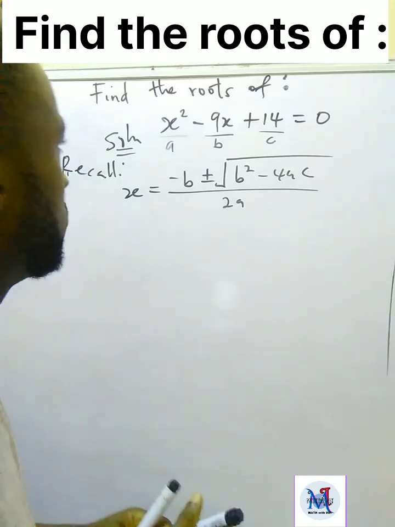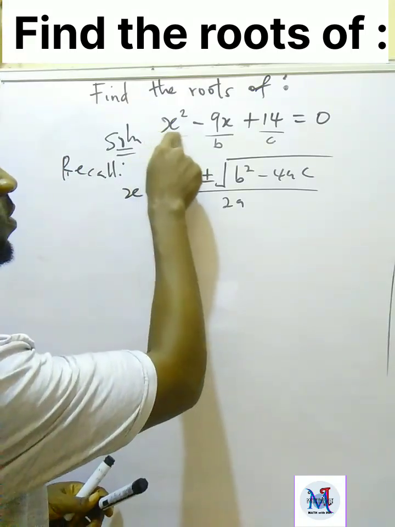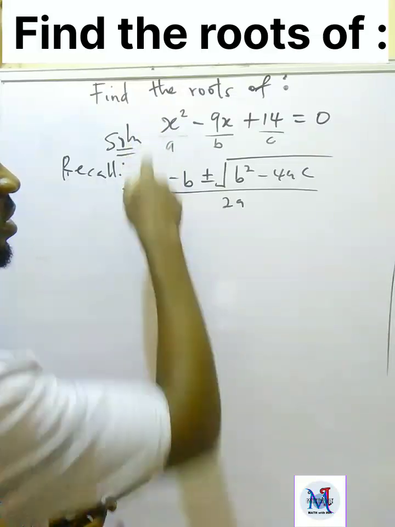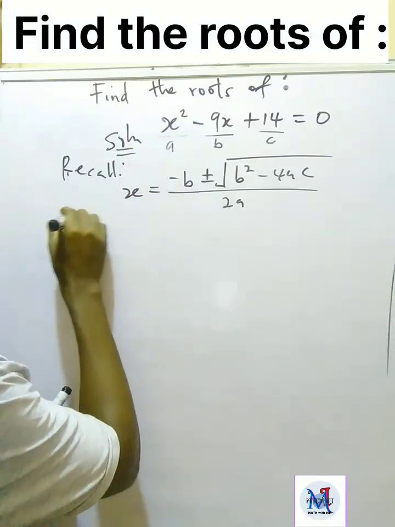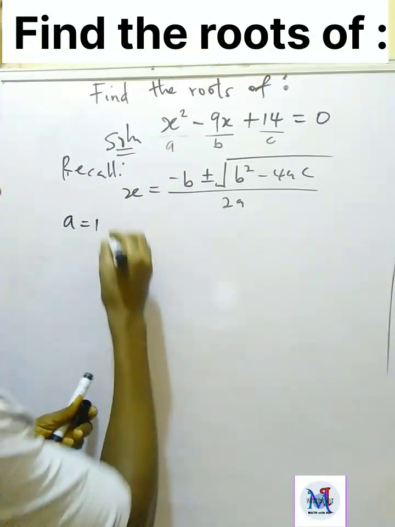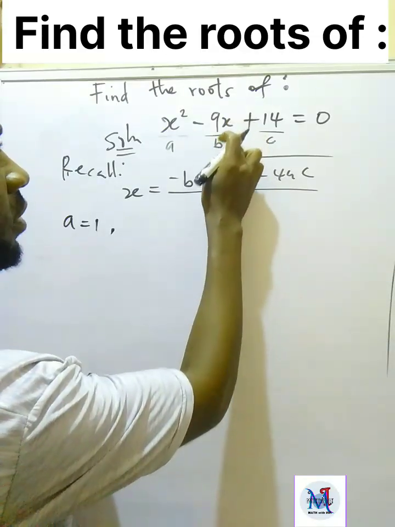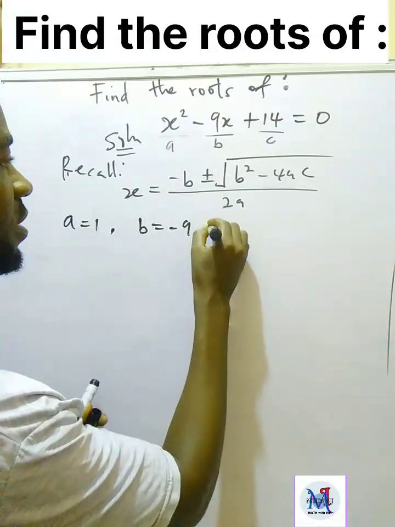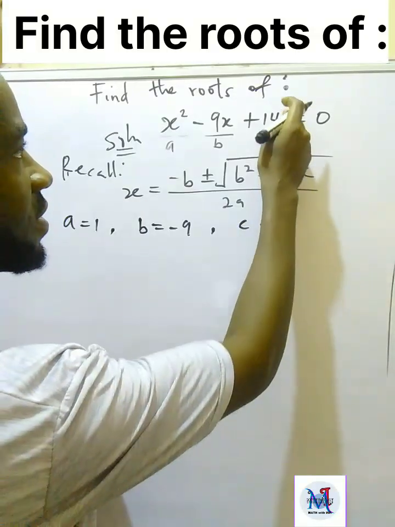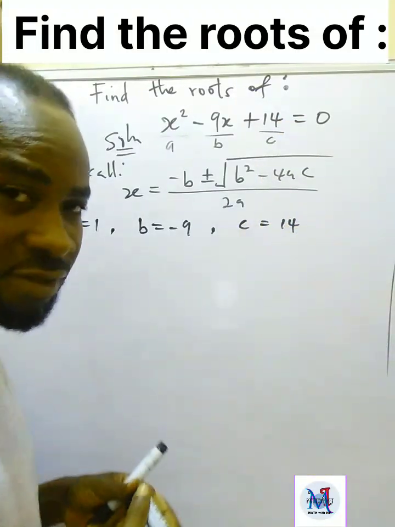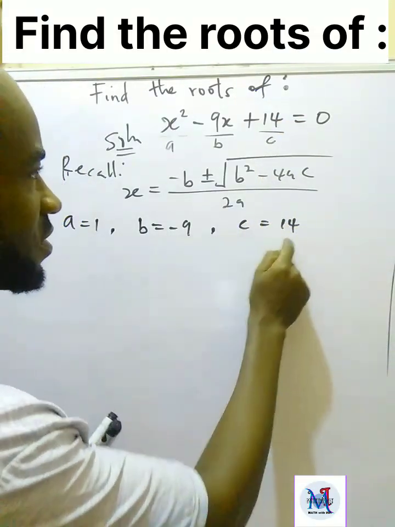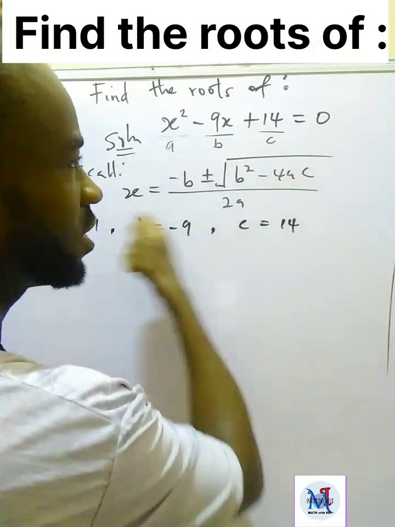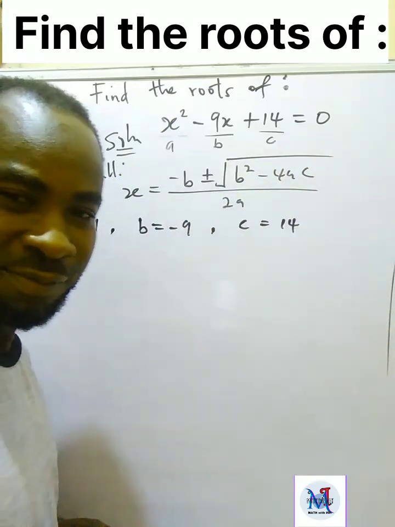Okay, so the coefficient of x squared here is 1, so our a is 1. The coefficient of x here is minus 9, which means our b is minus 9, and our c is 14.